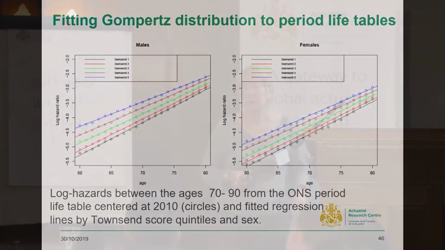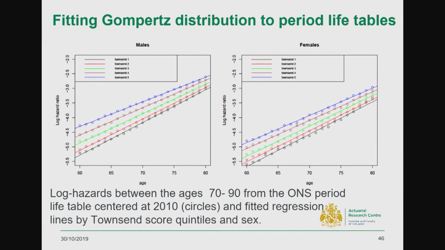Okay. Now, first of all, we need to know what our baseline hazards are. So here is our fit of Gompertz distributions to period life tables at 2010, which were split by deprivation quintile and by sex. Males on the left, females on the right, and also you can see 5 straight lines.